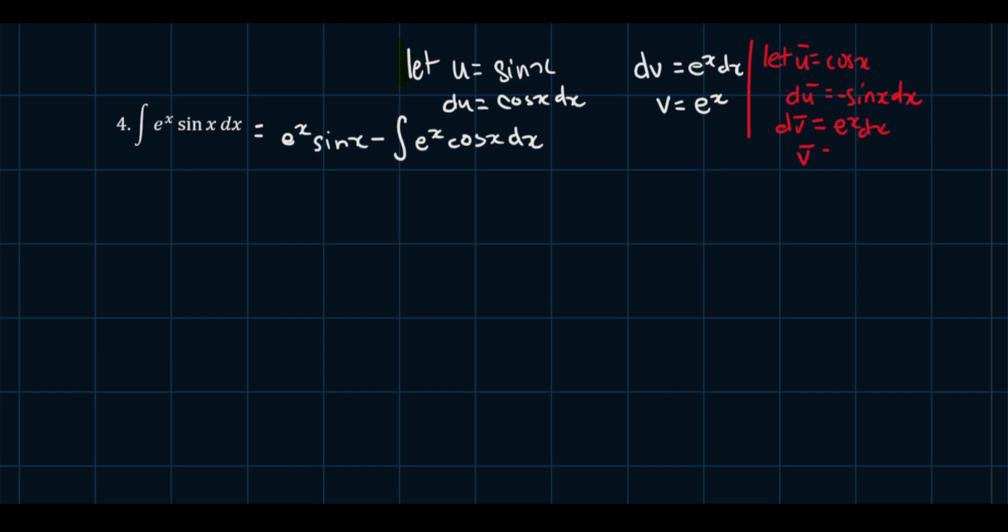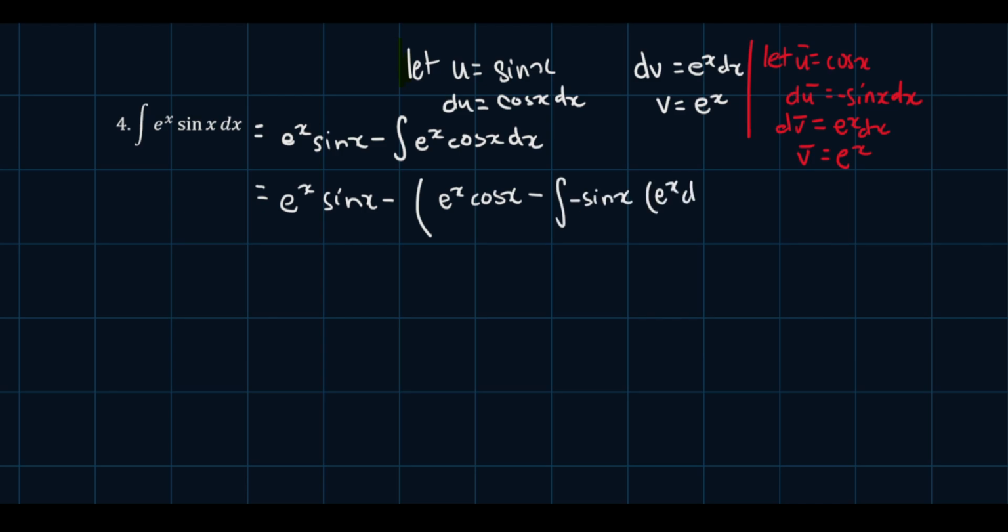Or v bar is equal to e raised to x. Okay, so we have e raised to x sine x minus, again, apply integration by parts. This is e raised to x cosine x minus the integral of negative sine x times e raised to x dx.